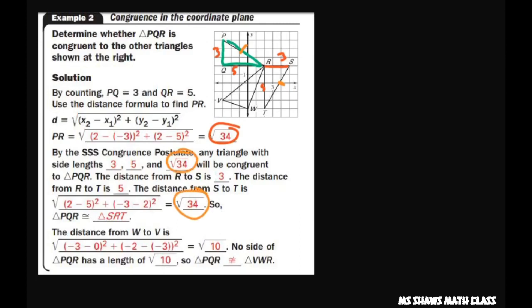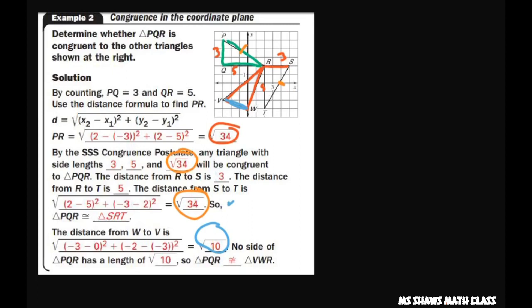All right. Now if we look at the other triangle, this one, we get the distance from W to V, which is right here, is square root of 10. And it doesn't match square root of 34.